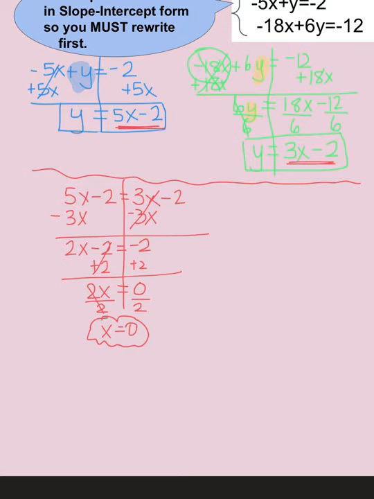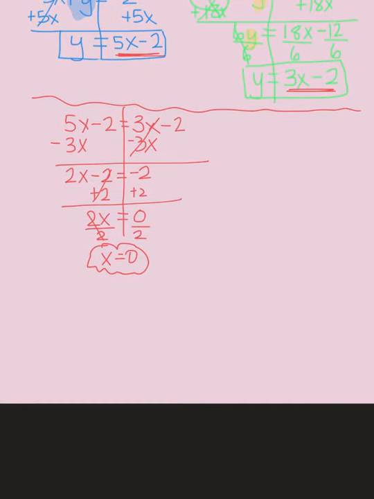Now you could use one of the original equations, but since we rewrote the equations so they are in slope-intercept form, I might as well take one of the newly written equations. So I will take the y equals 5x minus 2. It doesn't matter which one you use.